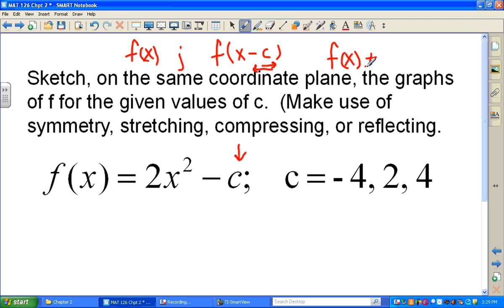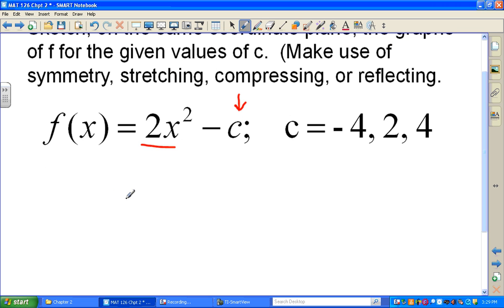When you add or subtract c, it's going to affect the graph vertically. Okay? So the standard graph I'm going to look at is 2x squared, which is a parabola. Actually, the standard graph is x squared.